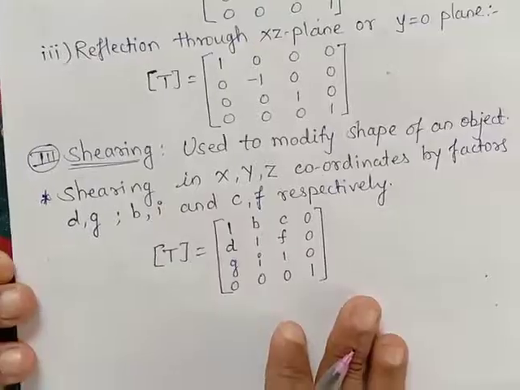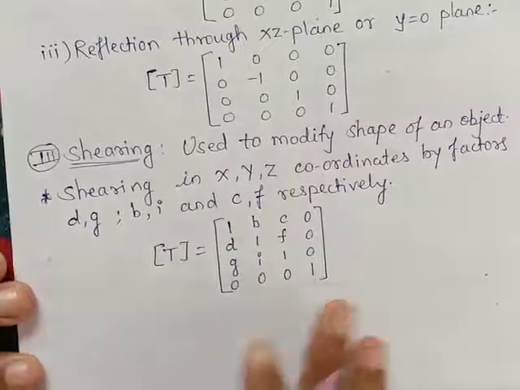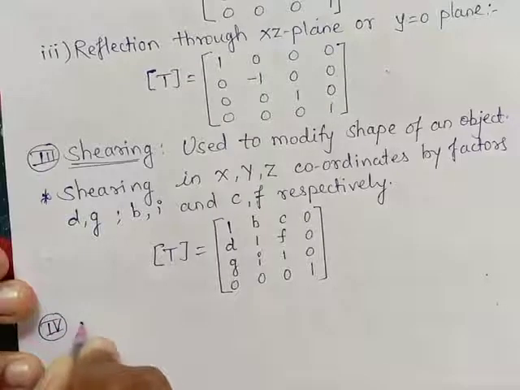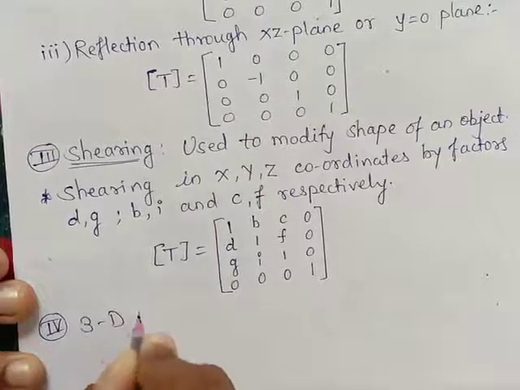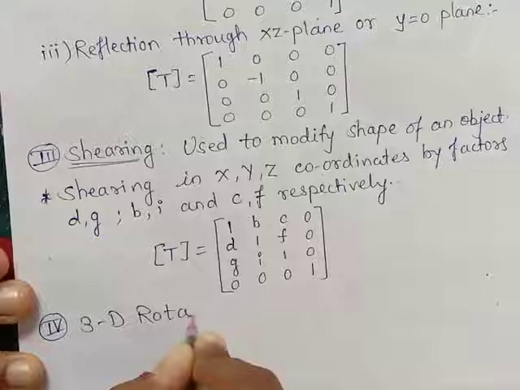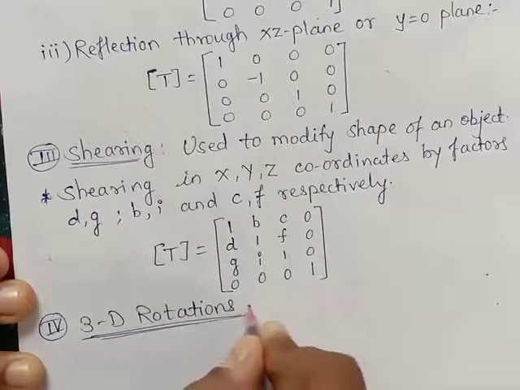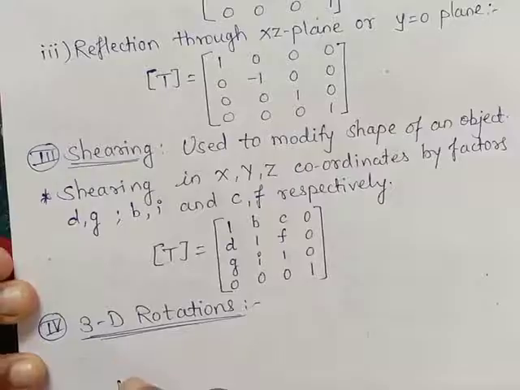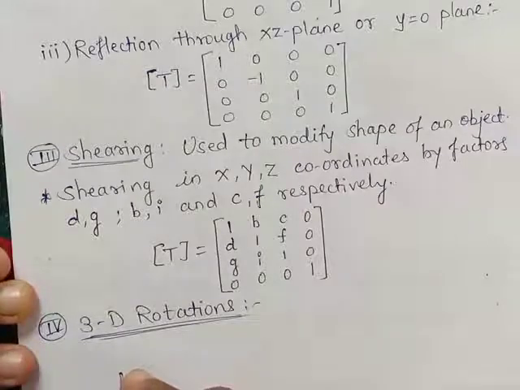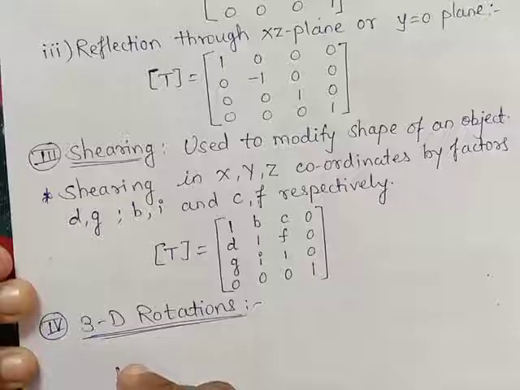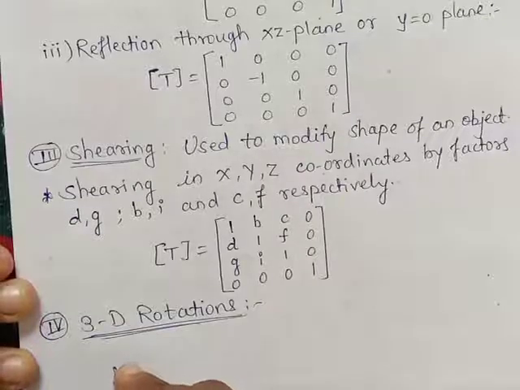Okay, then next one, rotation, 3-dimensional rotations. Now rotation in 3-dimensional is about any line. Standard rotation matrices are nothing but the rotation about coordinate axis.